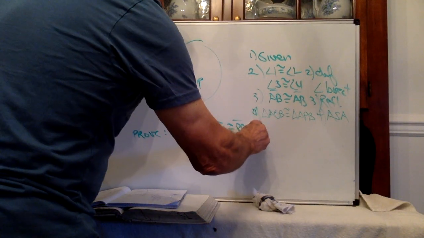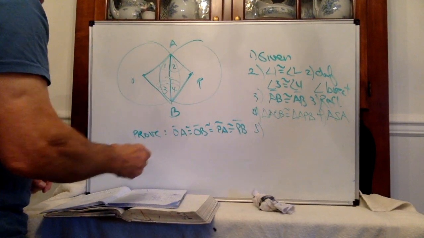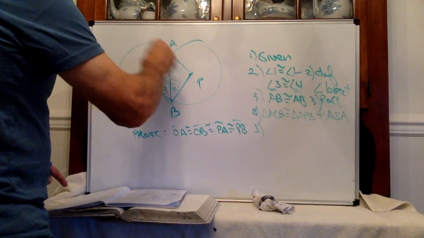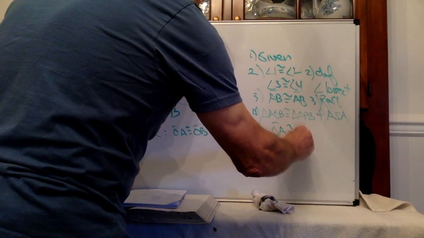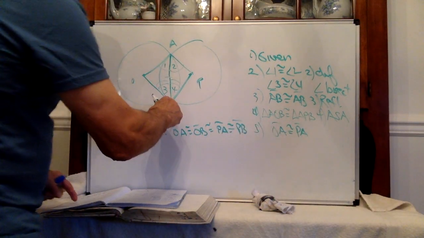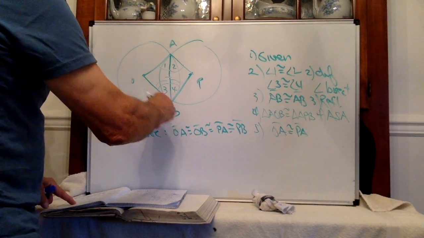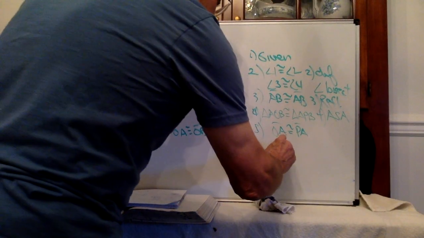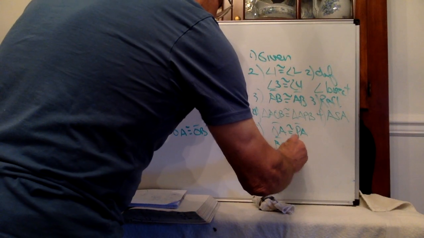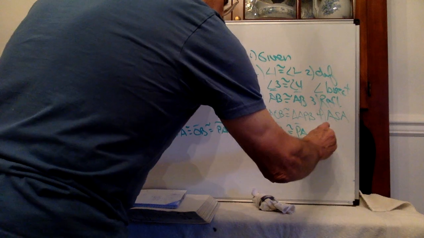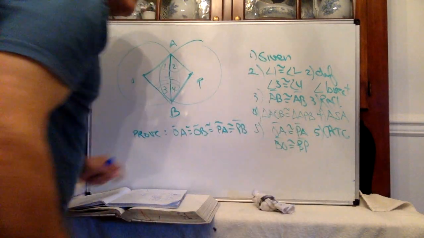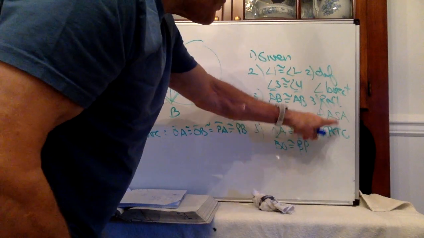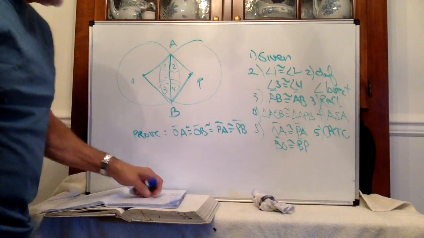And since they're congruent, that means that OA is equal to PA, and it also means that BO and BP are congruent, by CPCTC. Remember, this can never be used before you've got triangles congruent.